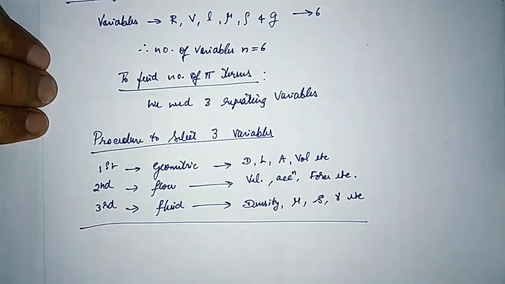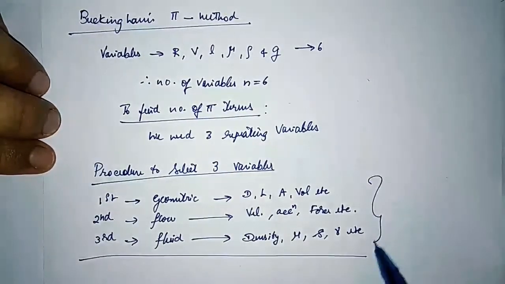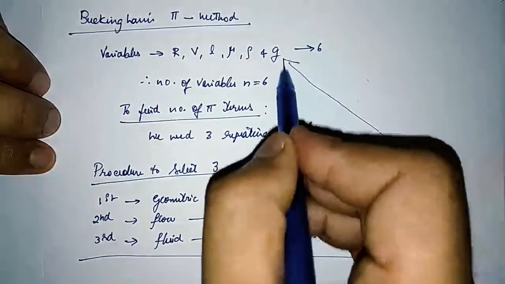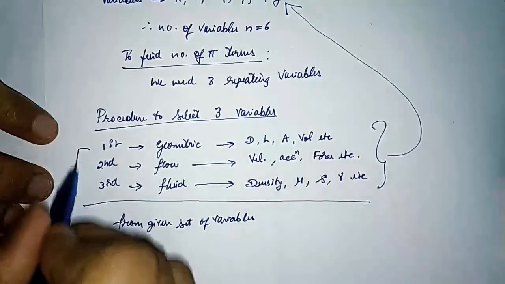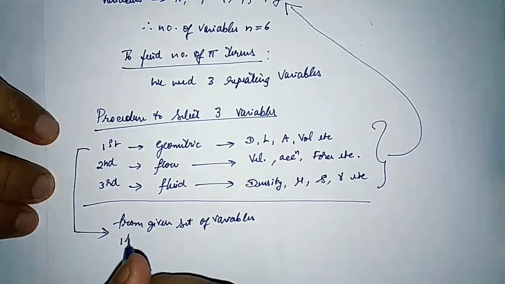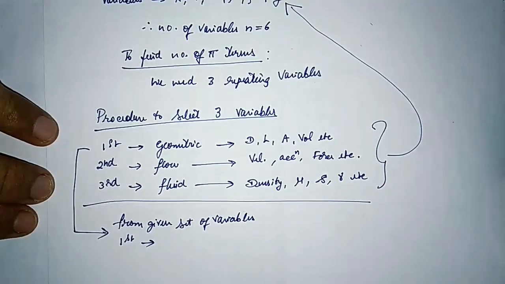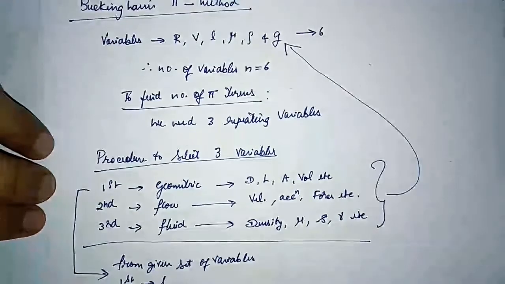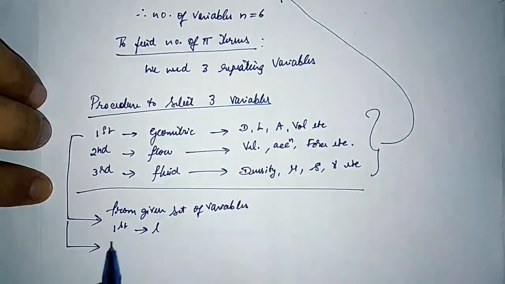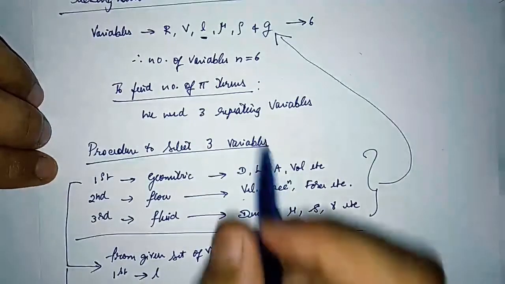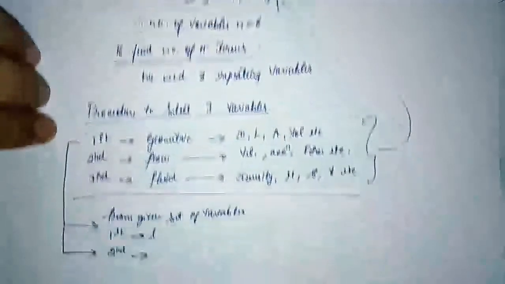So let us select 3 variables by using this procedure from the given set of variables. The first variable I am selecting is L, since it is a geometric property. The second variable I am selecting is velocity, because it is a flow property, flow of fluid.